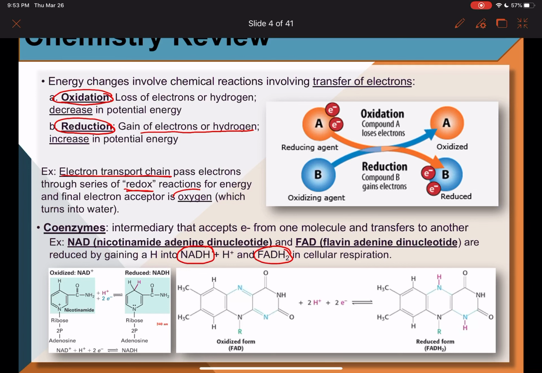So don't forget, these are electron carriers or coenzymes that will be responsible for moving electrons from different steps of cellular respiration into the last electron transport chain to make ATP.